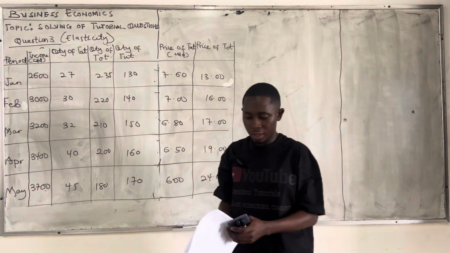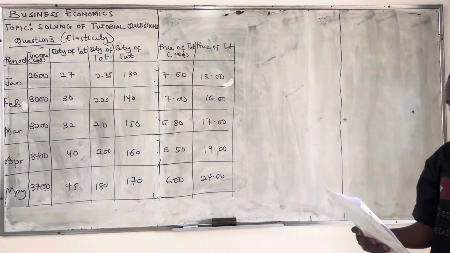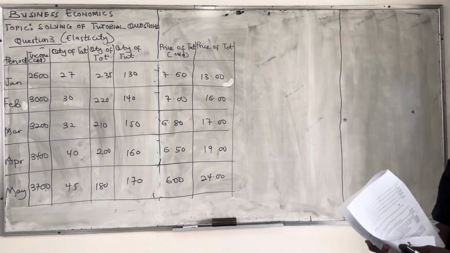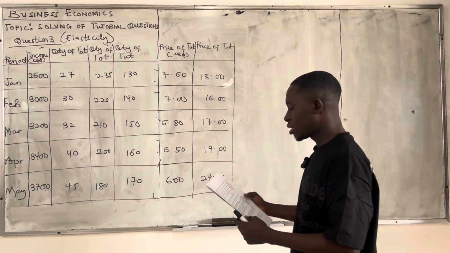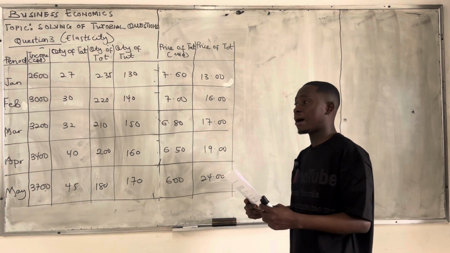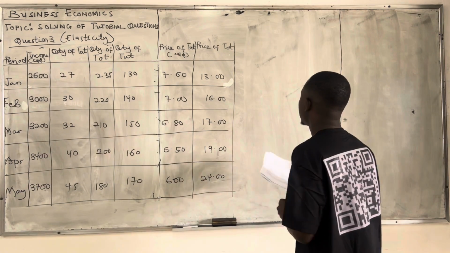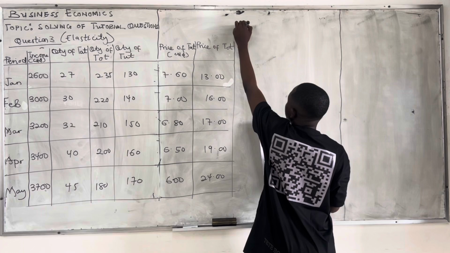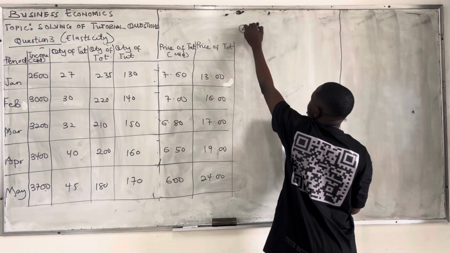So let's move straight to the question. The first question states: calculate the own price elasticity of demand for that. So A is own price elasticity.